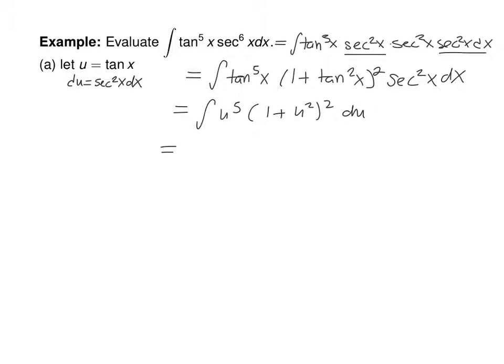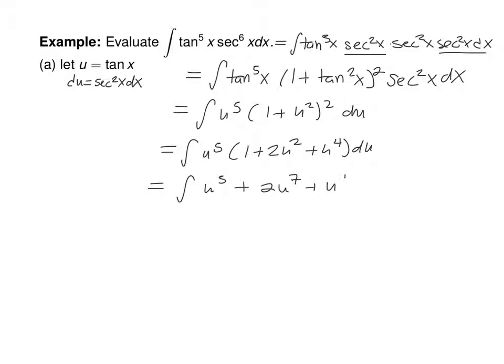We have the integral of u to the fifth times 1 plus 2u squared plus u to the fourth. Distributing that u to the fifth, we have the integral of u to the fifth plus 2u to the seventh plus u to the ninth du. I'm just going to both integrate and resubstitute.